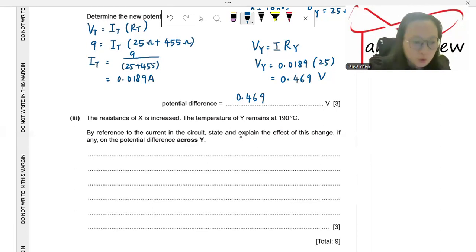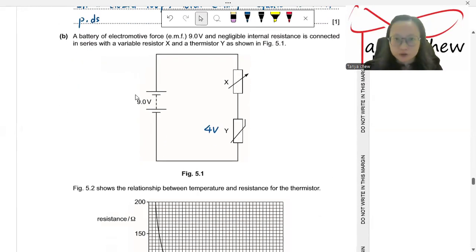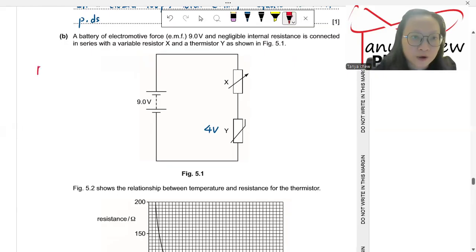The total resistance will also increase. I want you to see this: the EMF is not changing, right? It is still the same EMF, right? So when Rx increases, R total, which is equal to Rx plus Ry, will also increase.